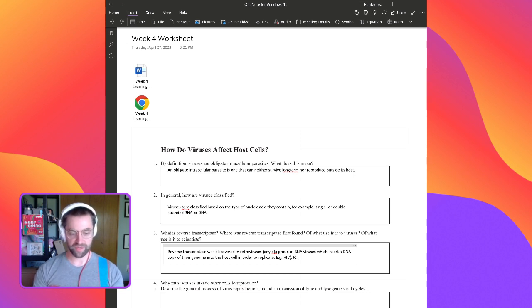Reverse transcriptase, which I'm just going to abbreviate here, you probably should not do that in your homework, but I will, is the enzyme that allows retroviruses to make DNA from RNA strands.